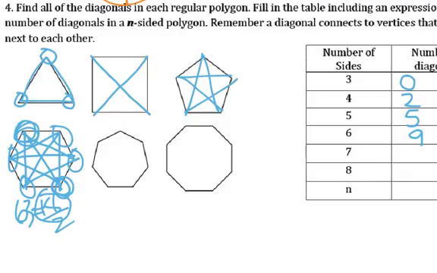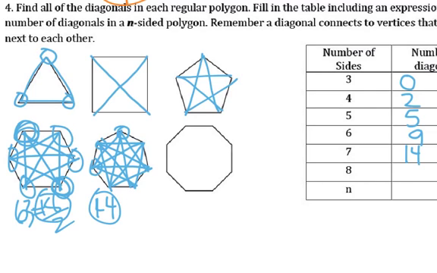So let's try a heptagon. 1, 2, 3, 4, 5, 6, 7, 8, 9, 10, 11, 12, 13, 14. So there's 7 and they each have 4, so 28 divided by 2, yeah, so 14.